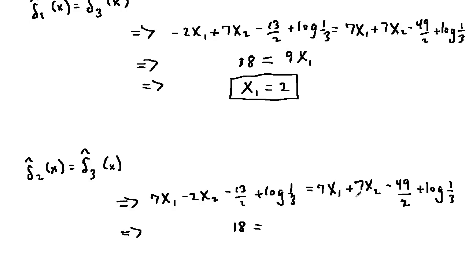Bring the 2x2 over. Simplify, and we get x2 equals 2. So the line that decides between classes k2 and k3 is given by x2 equals 2.